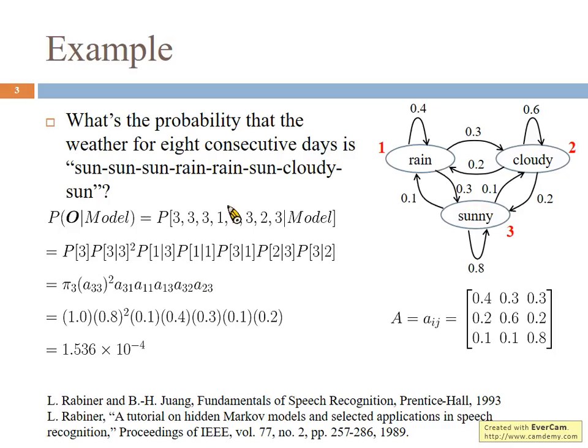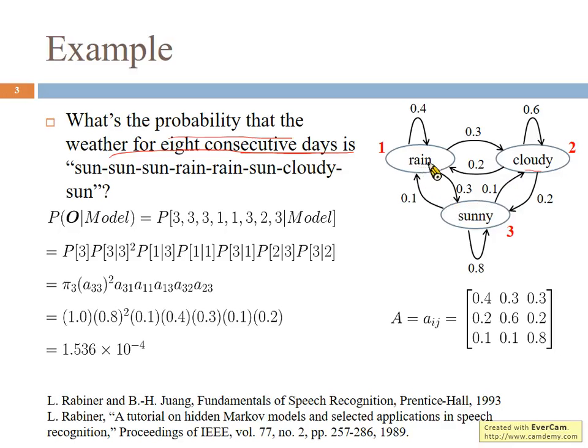So here is an example showing a weather condition. What's the probability that the weather for 8 consecutive days is sun, sun, sun, rain, rain, sun, cloudy, sun? So we can build a Markov model to show the probability of one weather type changing to another weather type.